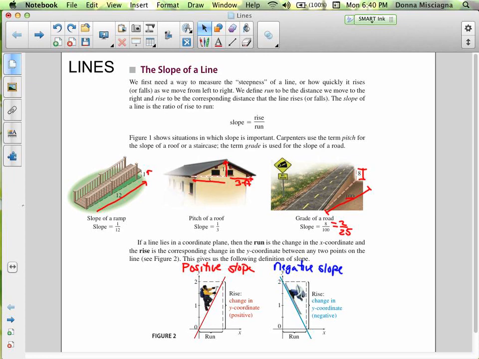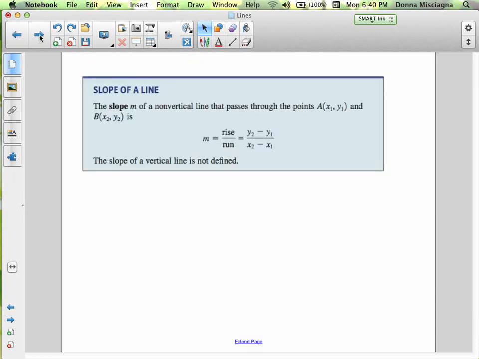And to find slope on the coordinate plane, we can use the following formula, which is in your notes. So the slope m of a non-vertical line that passes through the points A(x1, y1) and B(x2, y2) is the rise over the run, or the difference in the y-coordinates over the corresponding difference in the x-coordinates.